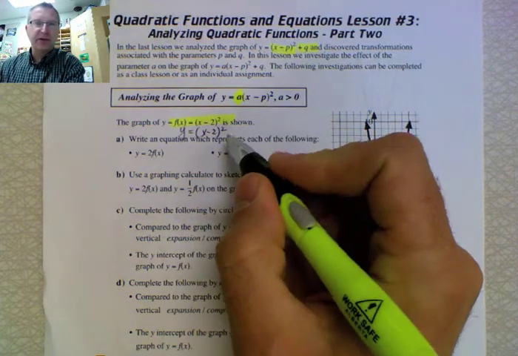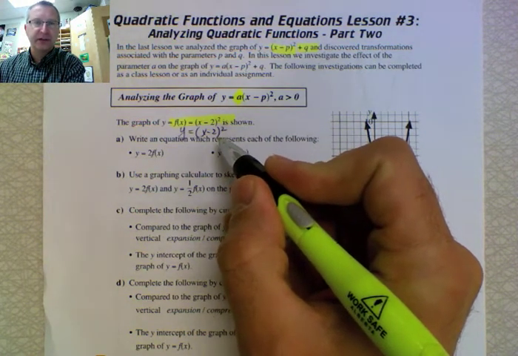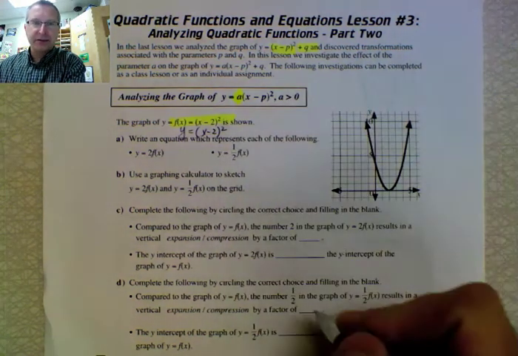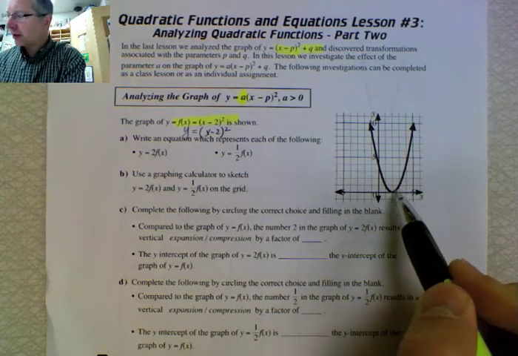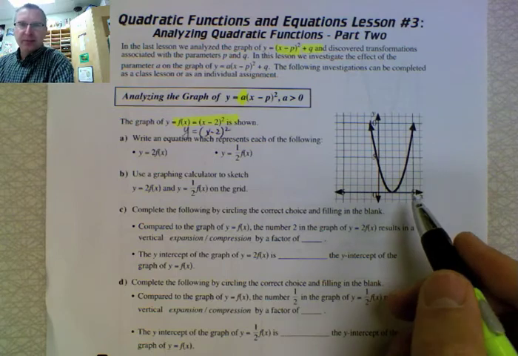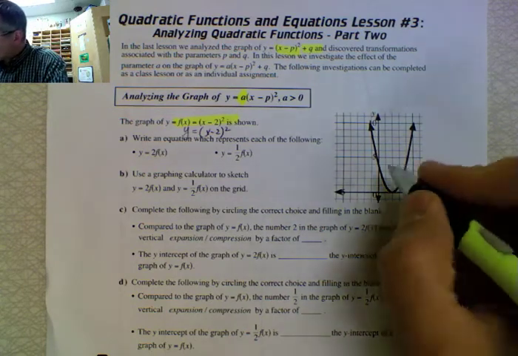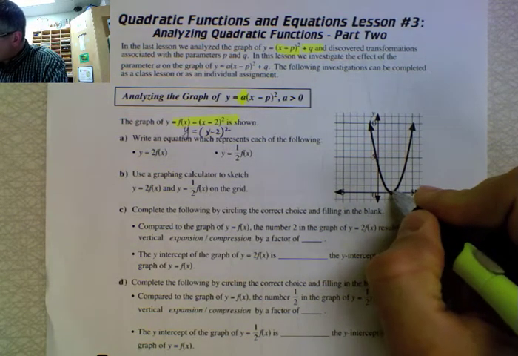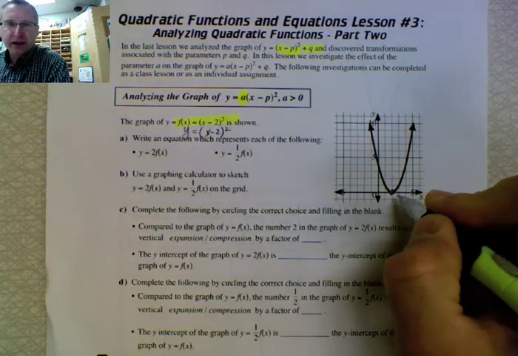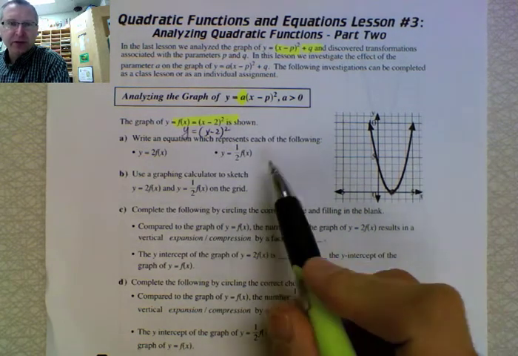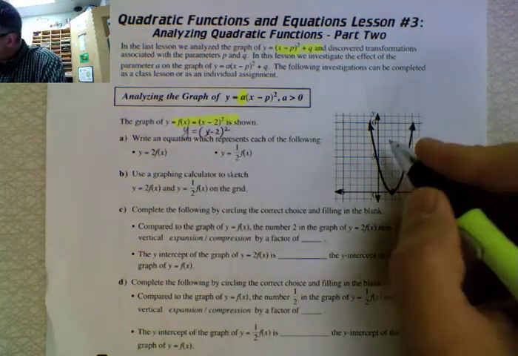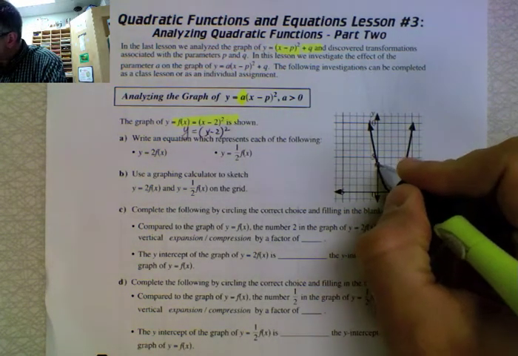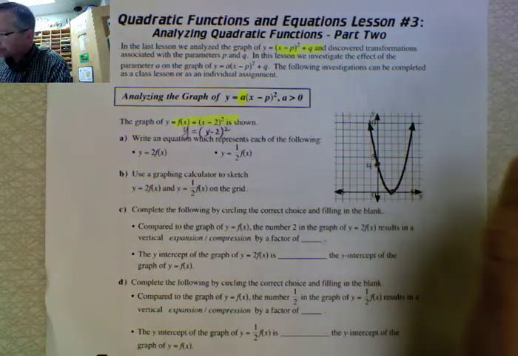So if you were to graph that on your calculator, you'd type in (x minus 2) squared and put that in y1 and hit graph, and you get a graph like this. A couple of things we want to notice on this particular graph is that we have an x-intercept down here at positive 2. And that makes sense because this graph was translated 2 to the right. And we have a y-intercept over here on the left side at 4.